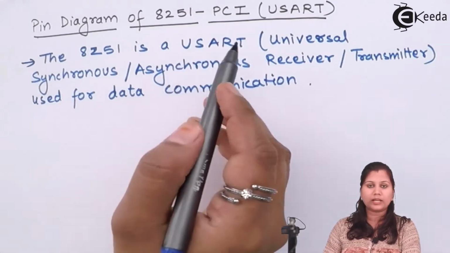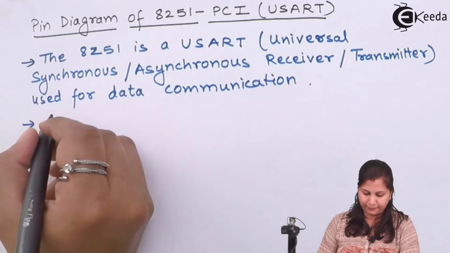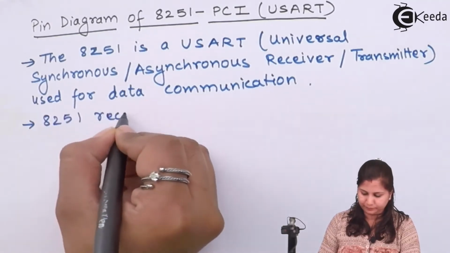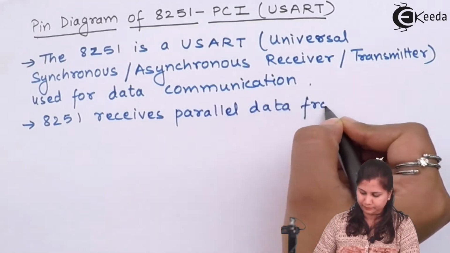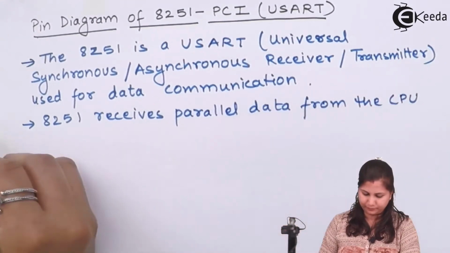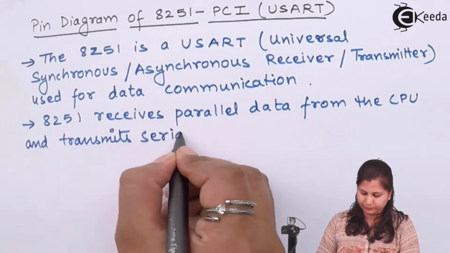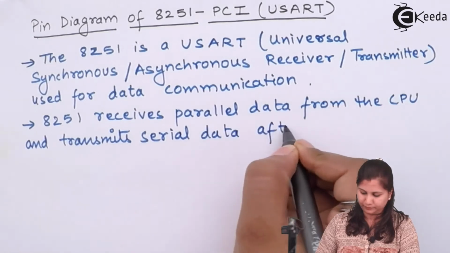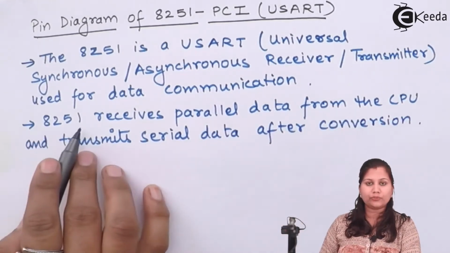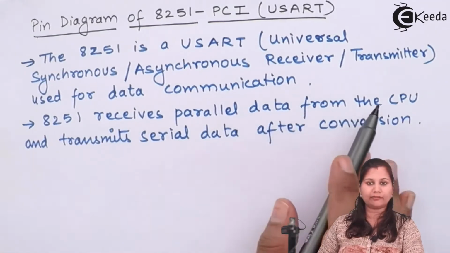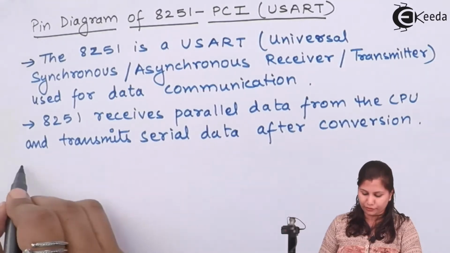So it is also a USART which is used for data communication. The 8251 receives parallel data from the CPU and transmits serial data after the conversion.